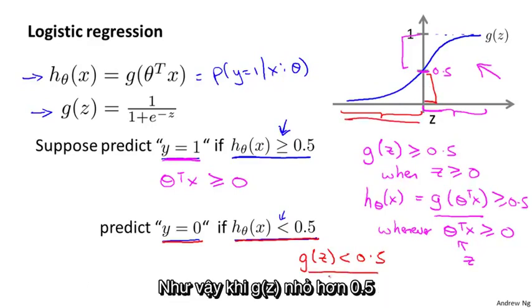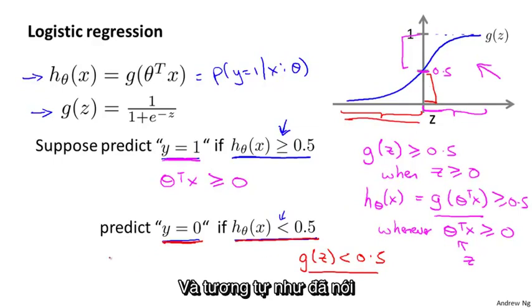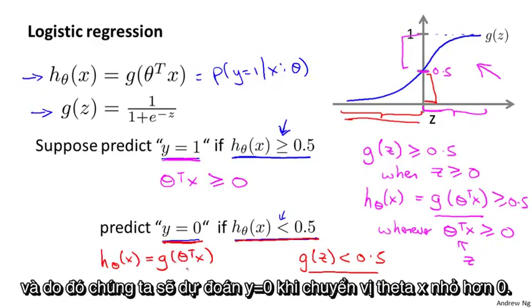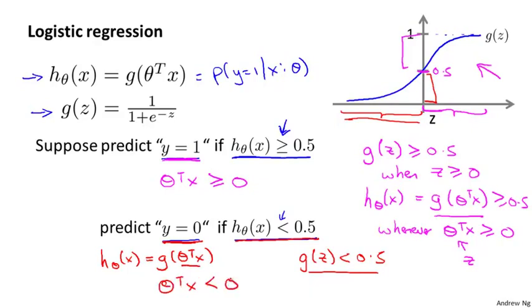So when g of z is less than 0.5, our hypothesis will predict that y is equal to 0, and by a similar argument to what we had earlier, h of x is equal to g of theta transpose x, and so we'll predict y equals 0 whenever this quantity theta transpose x is less than 0.